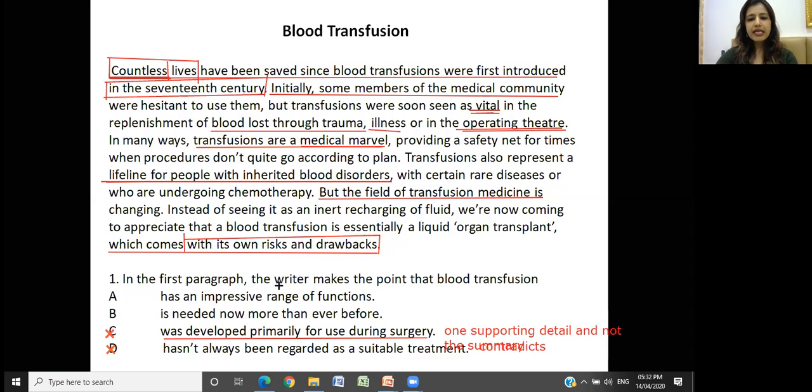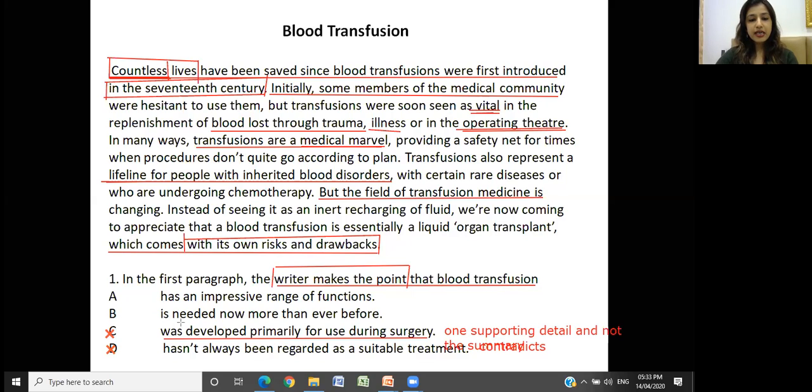"Writer makes the point that blood transfusion..." So the writer makes the point. This is the main idea or writer's opinion that I have to find out. Then there will always be some answer choices which will make unnecessary comparison. The paragraph may not be making any such comparison, but the answer choice will go on to make those comparisons.